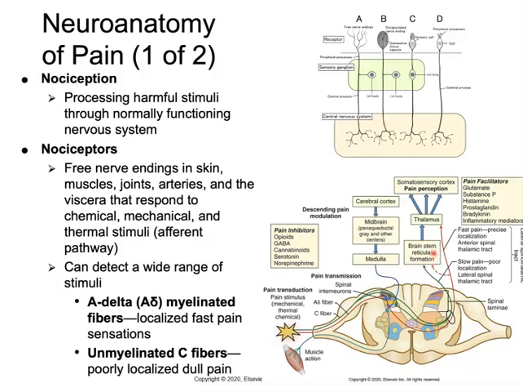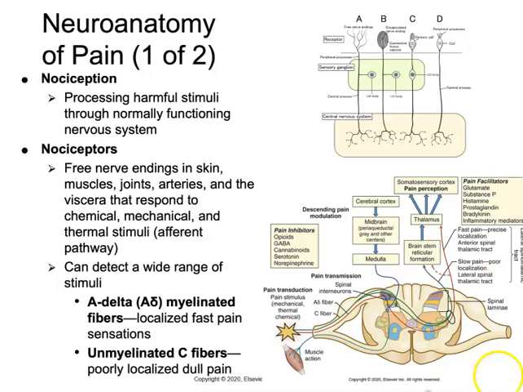Now, there are actually two spinothalamic tracts. There's an anterior one, they have it listed over here, that is going to carry fast impulses of acute, sharp pain, whereas our lateral spinothalamic tract is going to carry slow impulses for dull chronic pain.